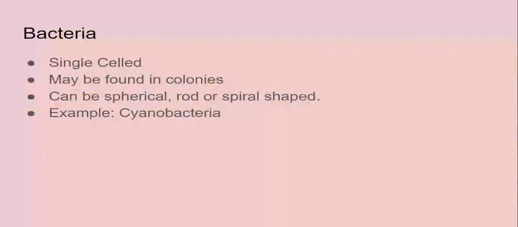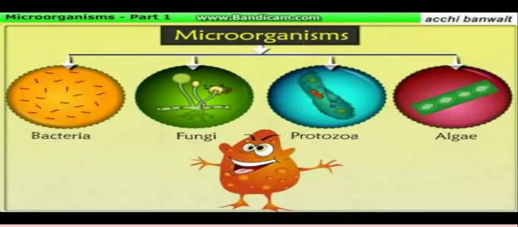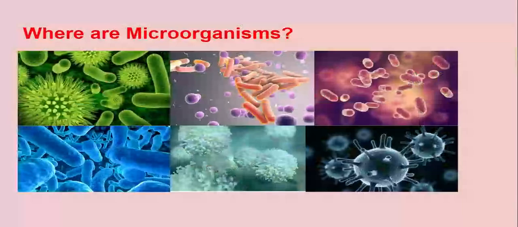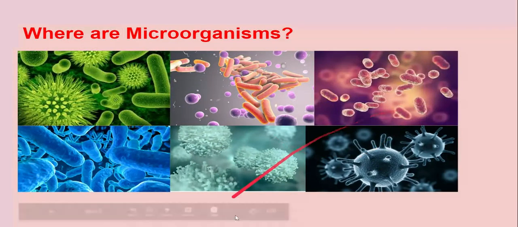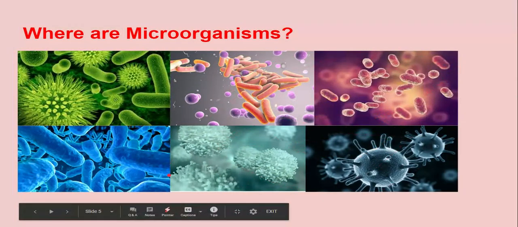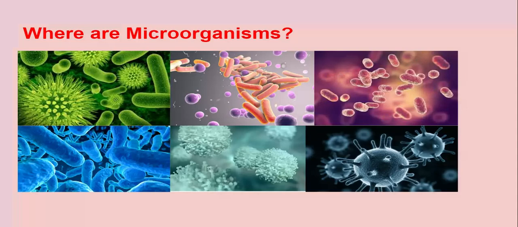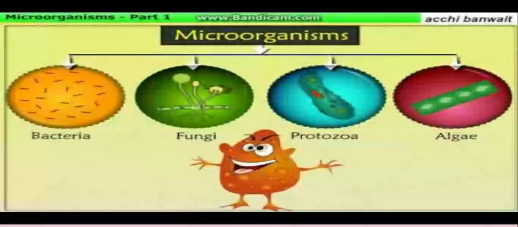So let's move on. Okay, so first we know about bacteria. As I showed you in the images, these are bacteria, a few of these. And even here you saw bacteria.